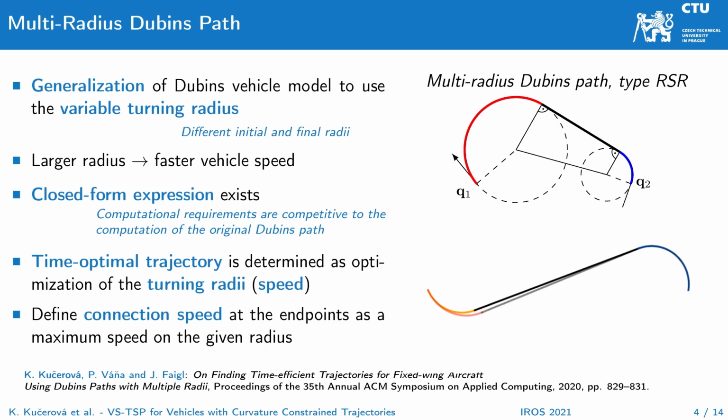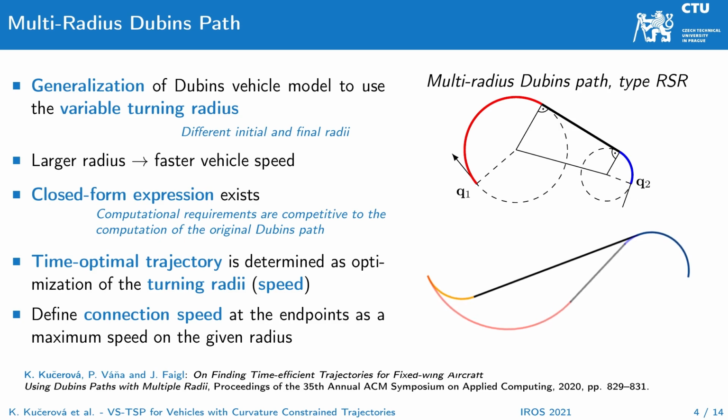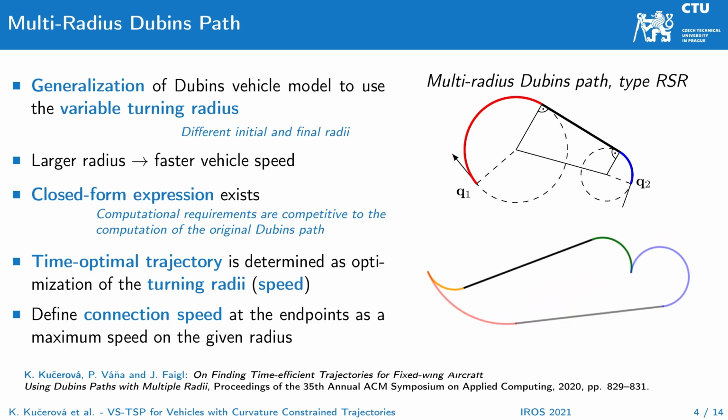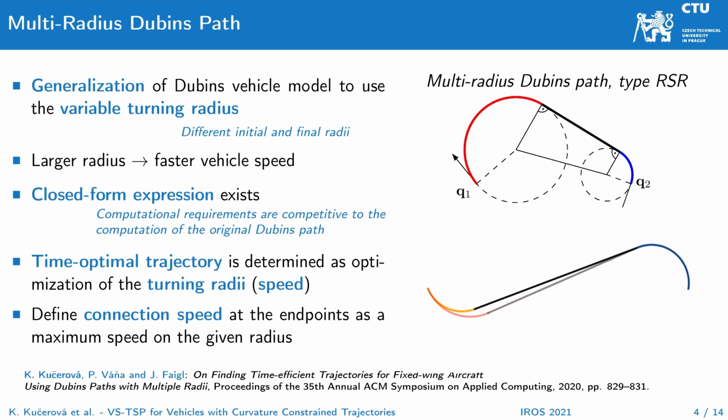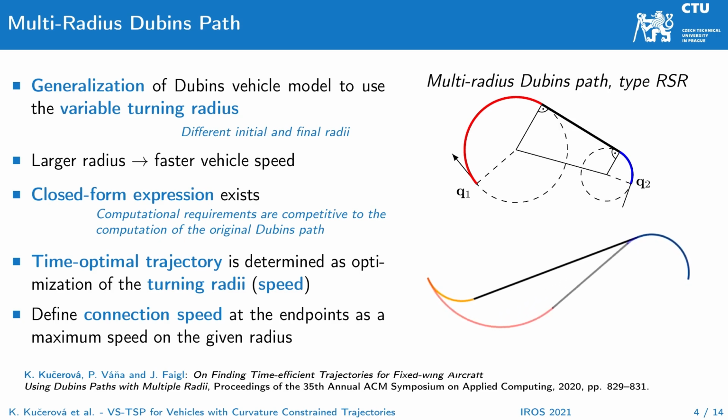The closed-form expression exists for the multi-radius Dubins path if the turning radii are specified, and computing a single trajectory is computationally efficient. Because the used vehicle model has acceleration constraints, the speed must be continuous throughout the whole trajectory. It also has to be continuous throughout the whole tour over multiple locations.